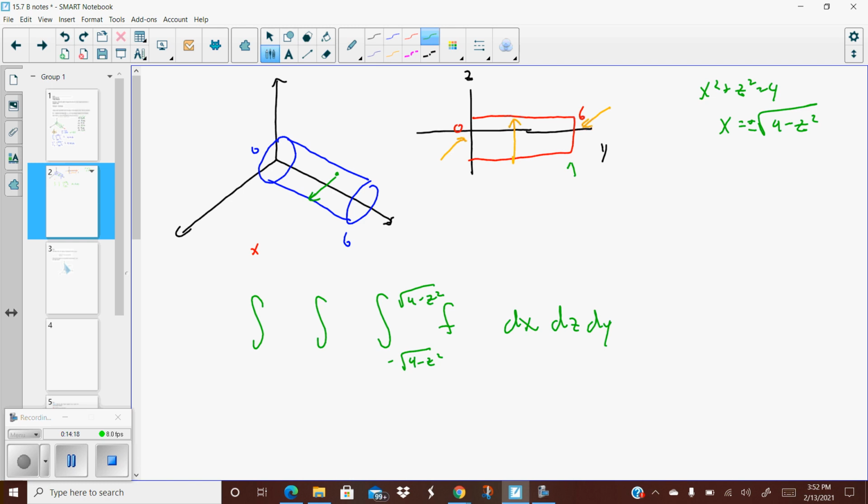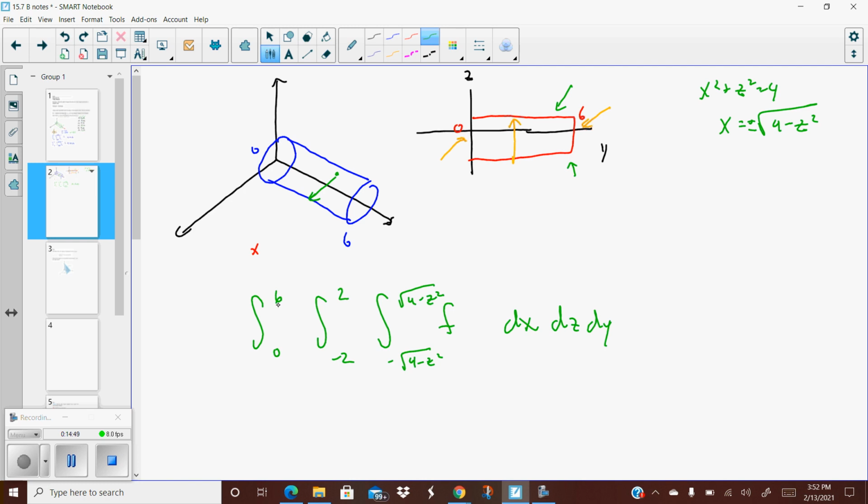This bottom piece right here is associated with the value z equals -2. So these are actually all going to be constants. It's actually quite nice to do it this way, because that's just a horizontal line. That's all you see. So that means that z is going to vary from -2 to +2. And then y is simply going to go from constant to constant, which is 0 to 6 along the y-axis there. And that would be the third of our types.